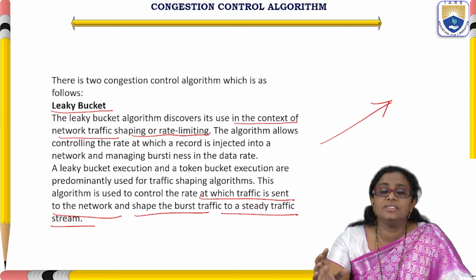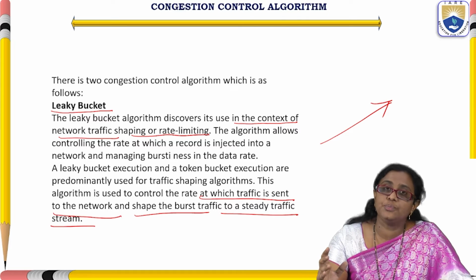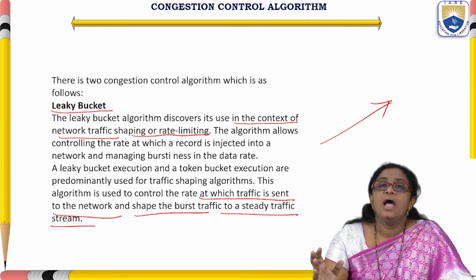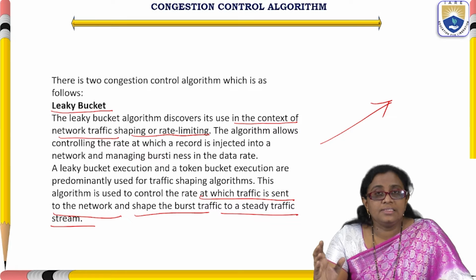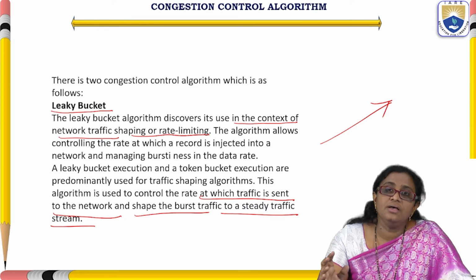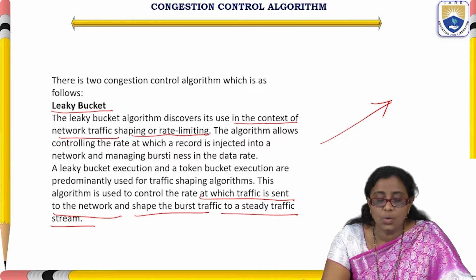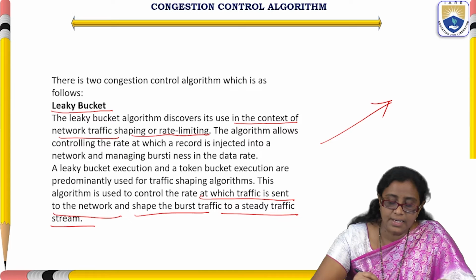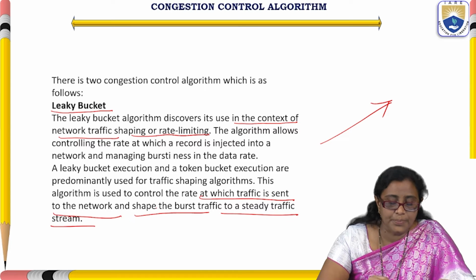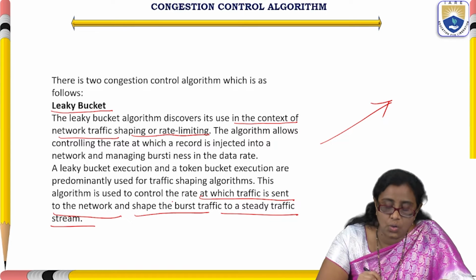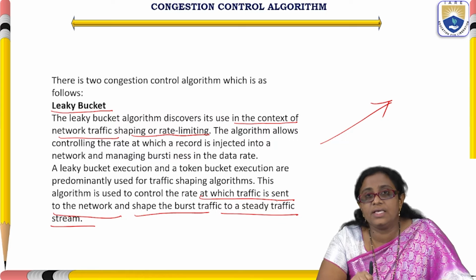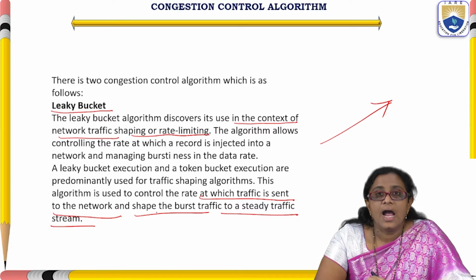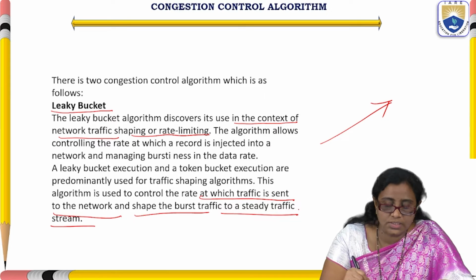So some highways are meant for the transportation of heavy-load vehicles, and some roads and highways are meant for general traffic. Like that, the leaky bucket is determined, and the main purpose of this algorithm is to control the rate at which traffic is sent to the network and shape the burst traffic into a steady traffic stream.